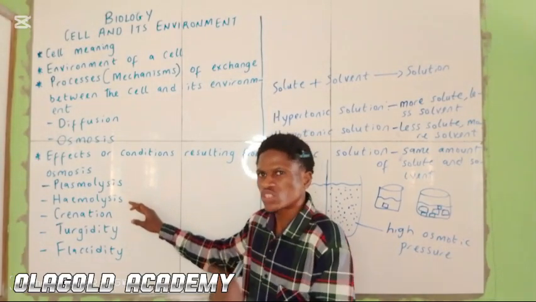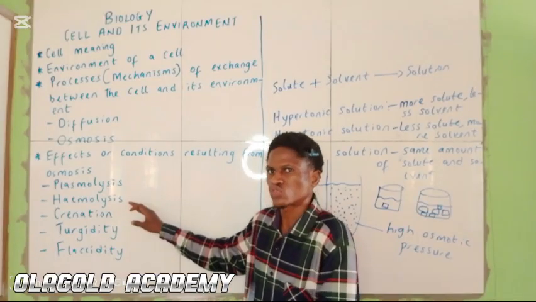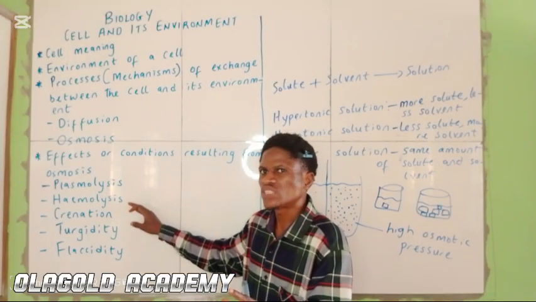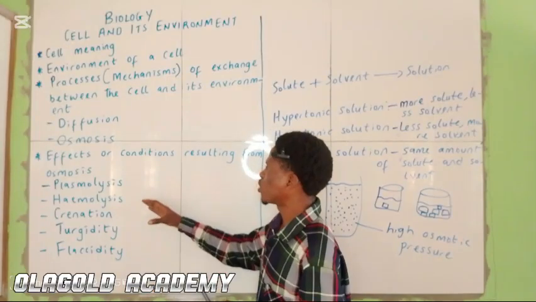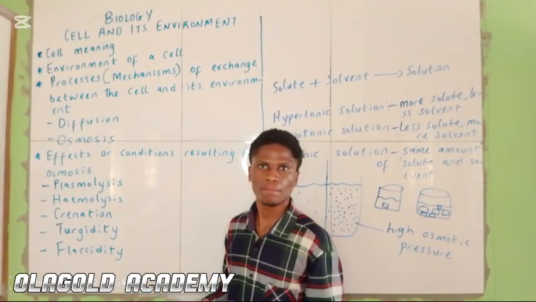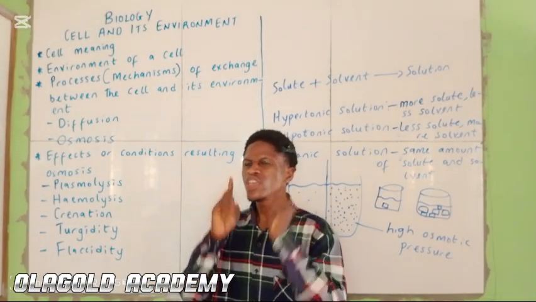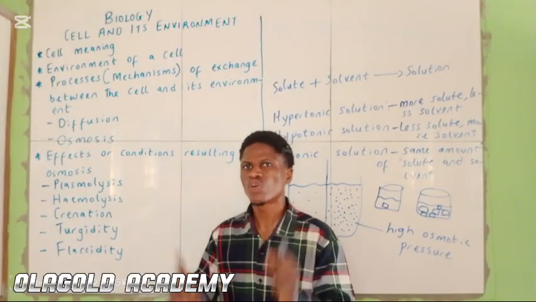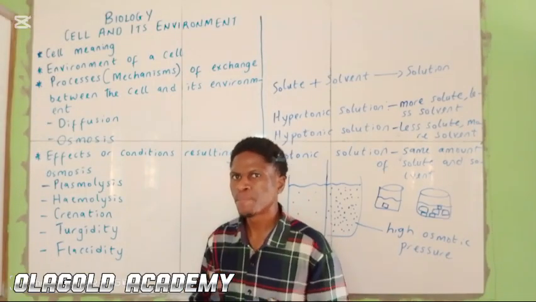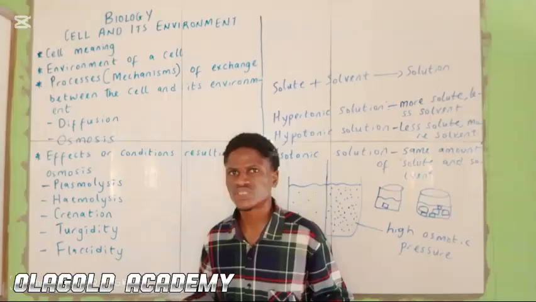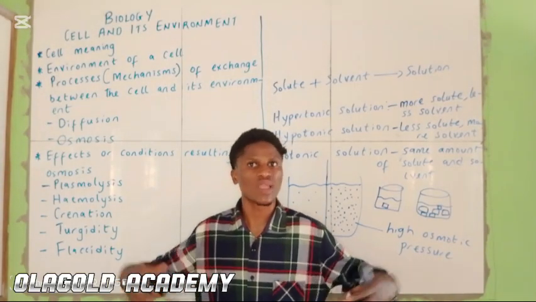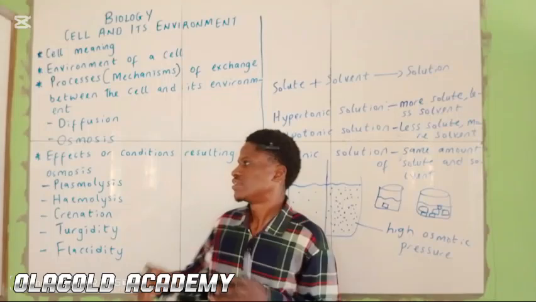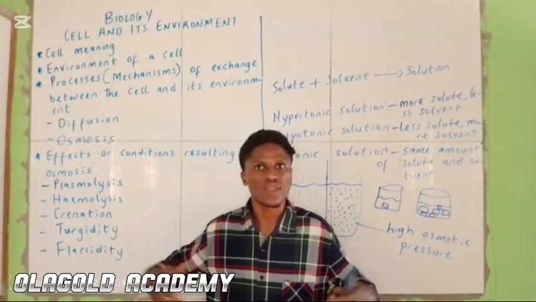When a red blood cell finds itself in a hypotonic solution, since there is much water in the environment, the red blood cell takes in water. If the red blood cell takes in water when placed in a hypotonic solution, it starts to swell.